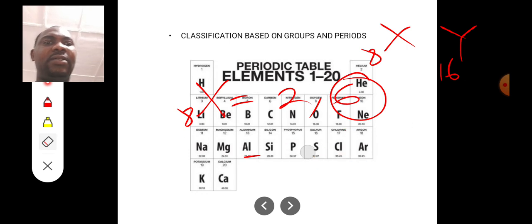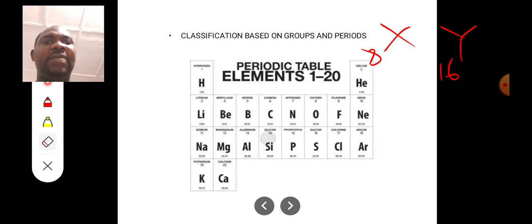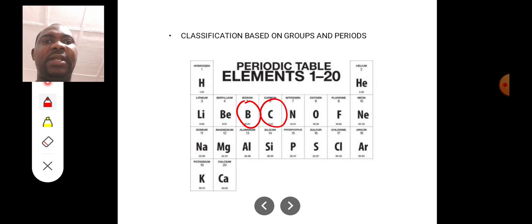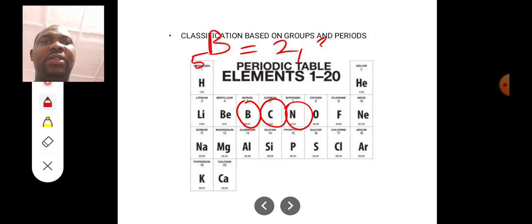Now that leads us to the next. We're saying that elements in the same period have the same number of shells. So let's pick certain elements: beryllium, carbon, and nitrogen. The three of them are in the same period. Let's see what is common to them. Boron is the fifth element, the configuration is 2, 3.